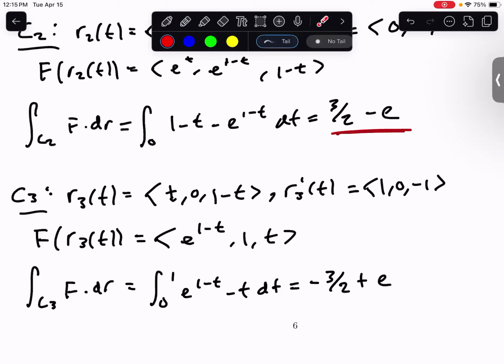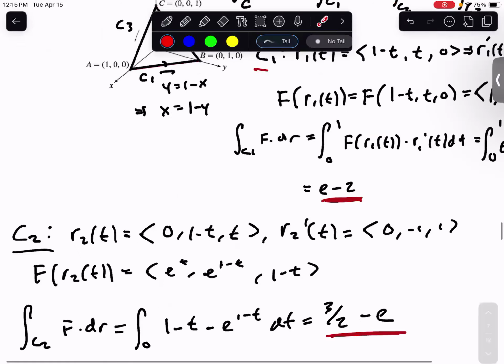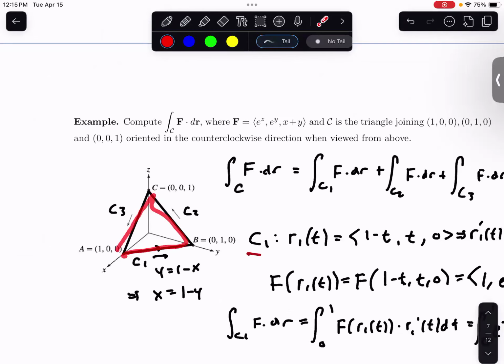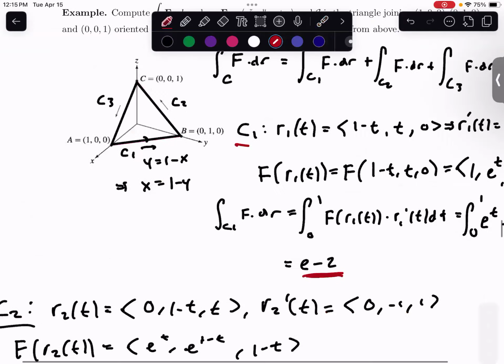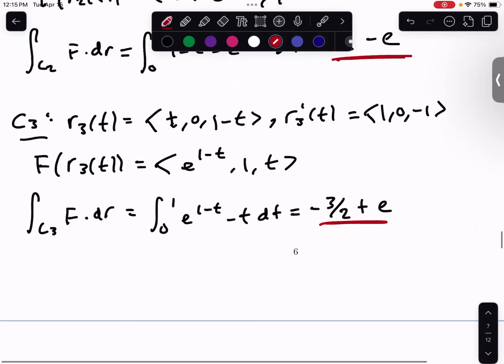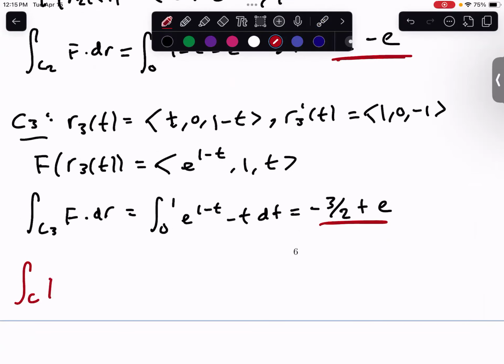Okay, and so if we add all of these terms together, that will give us the total integral over this path, right? If you take the sum of all three integrals, it gives us the integral we wanted to compute in the first place. So let's do that. The integral over C of F dot dr, we just take the sum of all components.